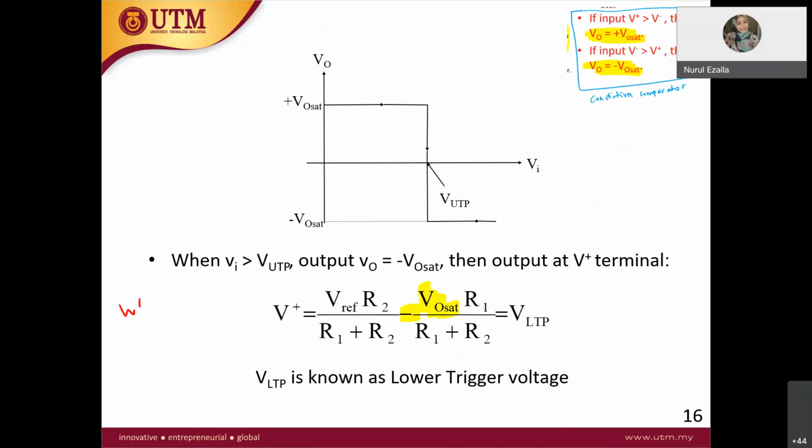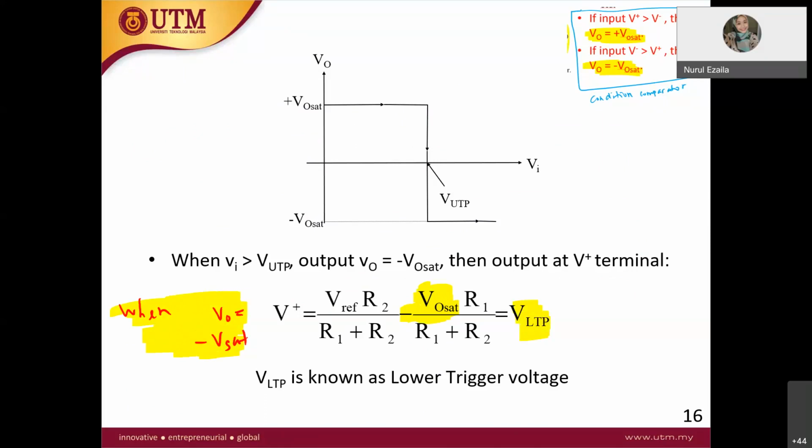So the V plus now will be VLTP, which is the voltage lower trigger, lower trigger voltage, VLTP. So this is for this condition.